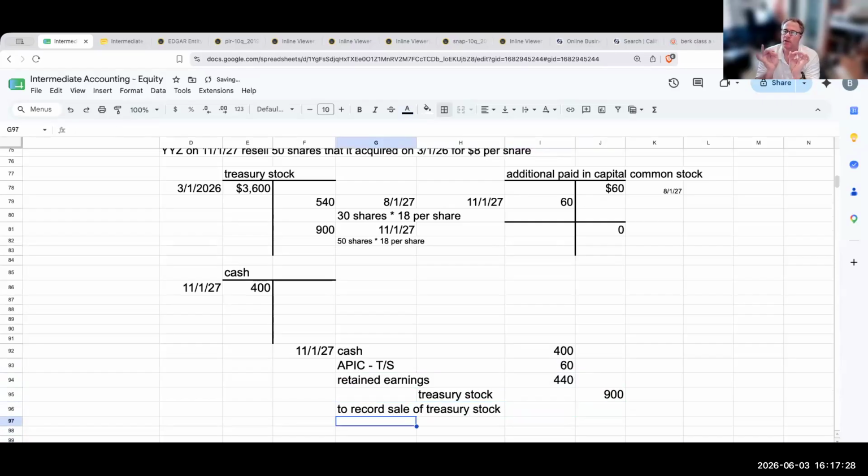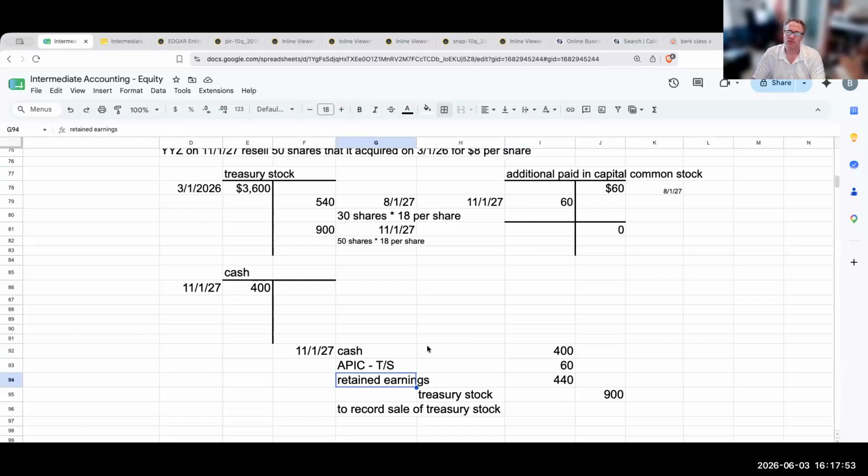Just remember, Treasury stock is stock we're buying back, and we can never report gains or losses. If we sold it for more than what we paid for it, we use additional paid-in capital common stock. If we sell it at a loss, we blow out that additional paid-in capital first, and then dump the rest to retained earnings.